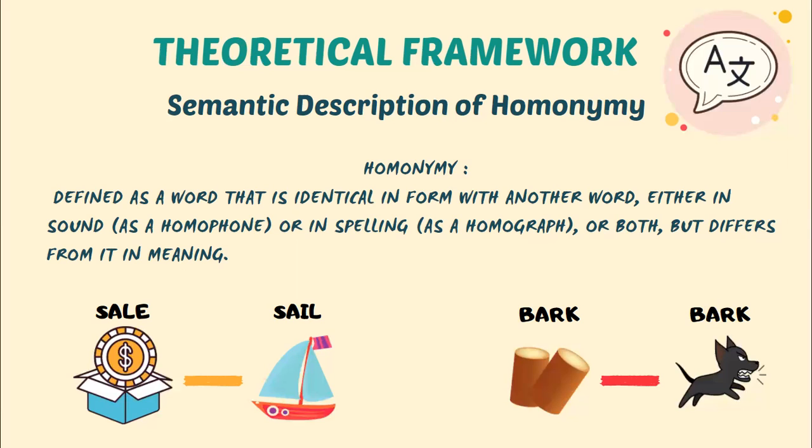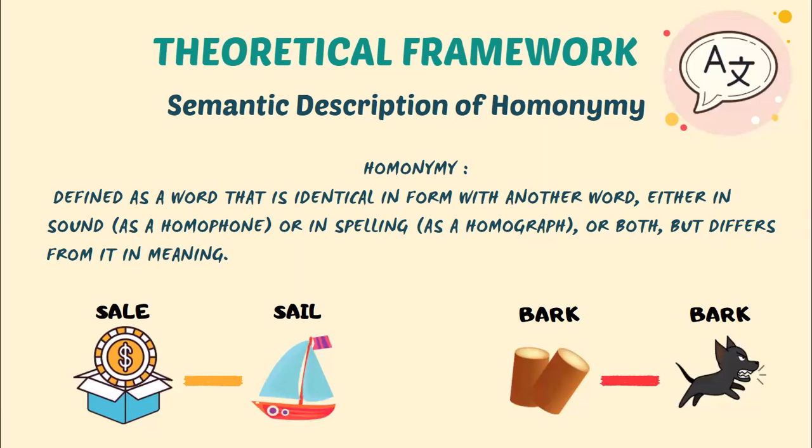And for example, there are some other ones from homographs and heteronyms. The term heteronym is used for words that are identical in spelling but different in pronunciation and meaning. Some examples of heteronyms are dove, a bird, and dove, the past tense of dive.